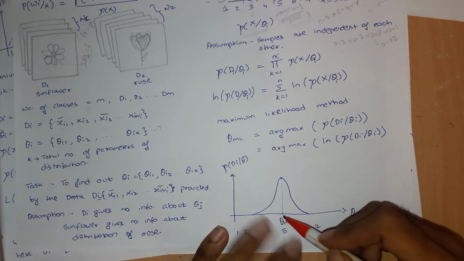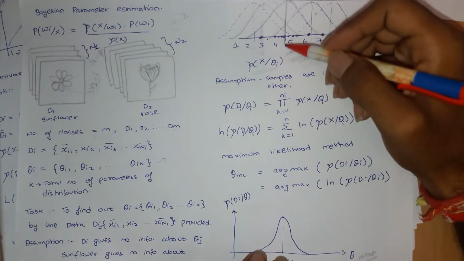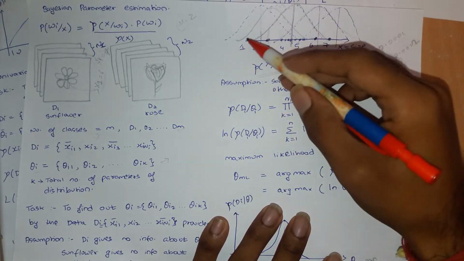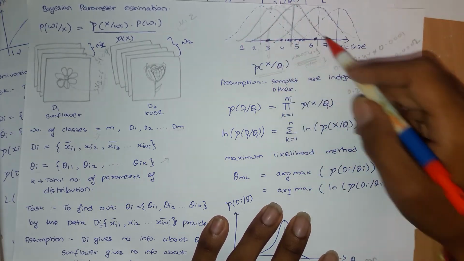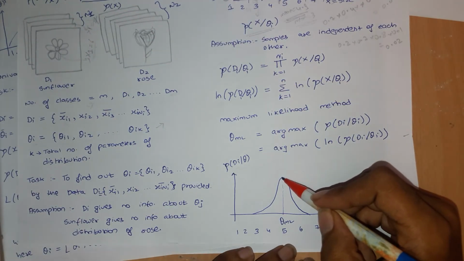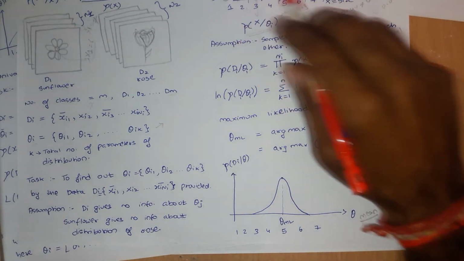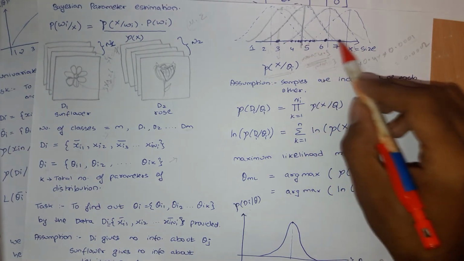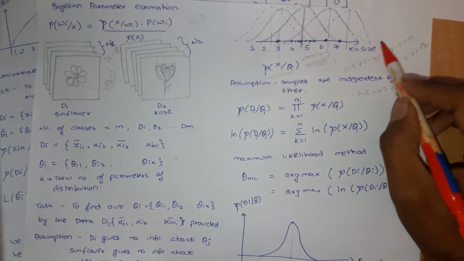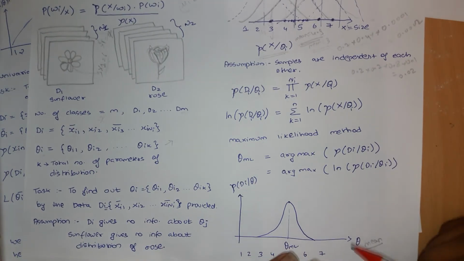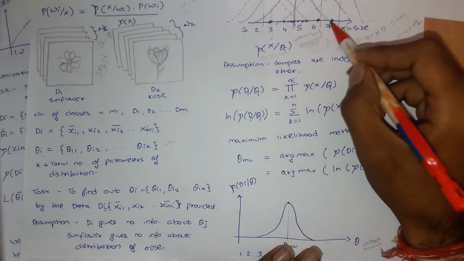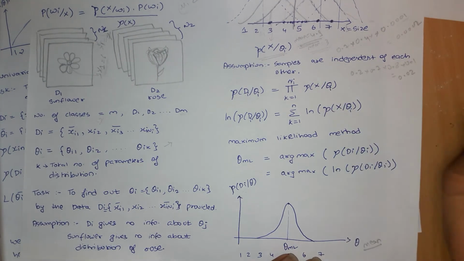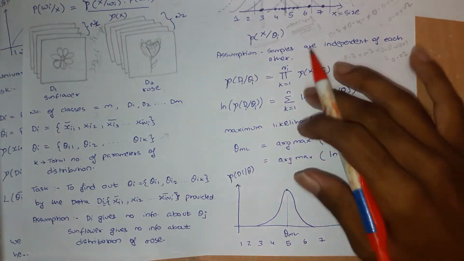For the mean which takes in the maximum data, I will get a good peak, and for others I will get low probabilities. As I go away from the actual true mean, the probability will just reduce to zero, because any particular term giving a value very close to zero will make the whole product zero. So this is what I am going to get.